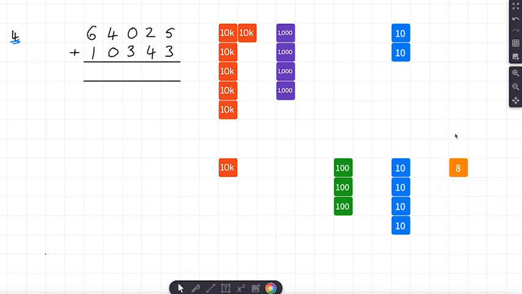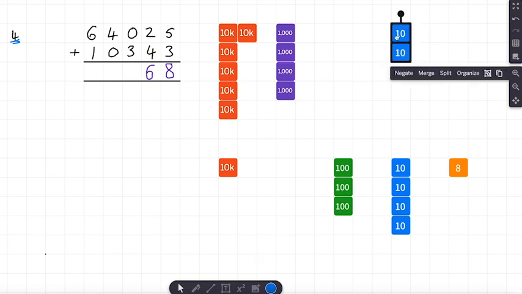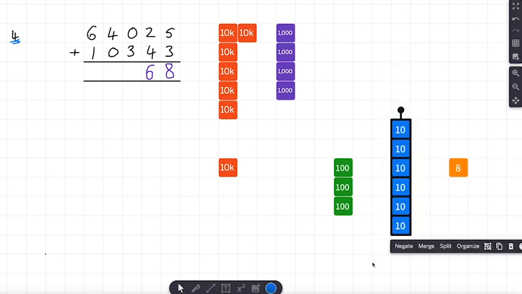You can see that none of these columns goes above 9, so we don't need to worry about carrying for these types of calculations. So 5 plus 3 is 8, and I'll put that in. Now for the next one, we've got 2 tens plus 4 tens is going to give us 6 tens, or 2 plus 4 is 6. There's our 6.